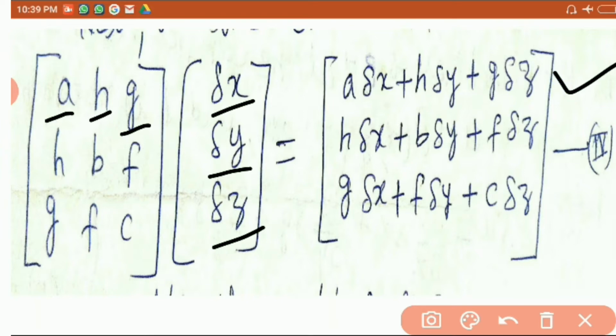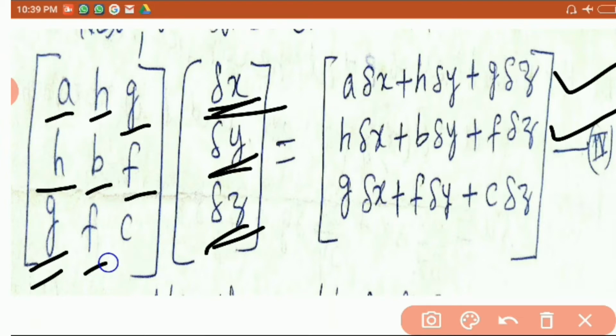Similarly, H into delta x plus B into delta y plus F into delta z. Similarly, G into delta x, F into delta y plus C into delta z. Hence we get this, and this is the equation 4.